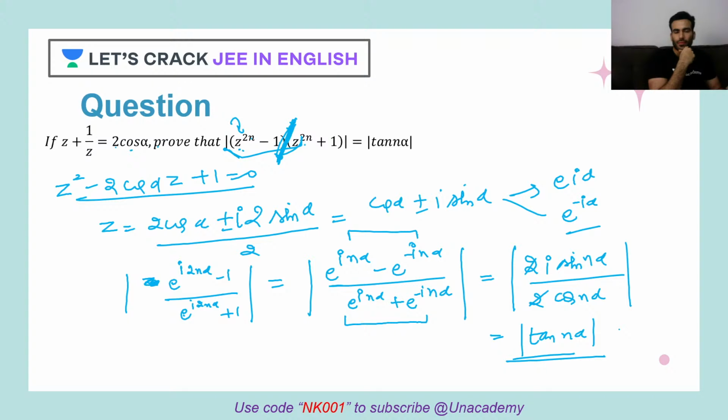Okay? Here guys. If someone has not thought about dividing by e raised to iota n alpha, you can still solve it. In that case, you have to write cos 2n alpha minus 1 plus iota sine 2n alpha. So you have to rewrite this as what? Any idea?